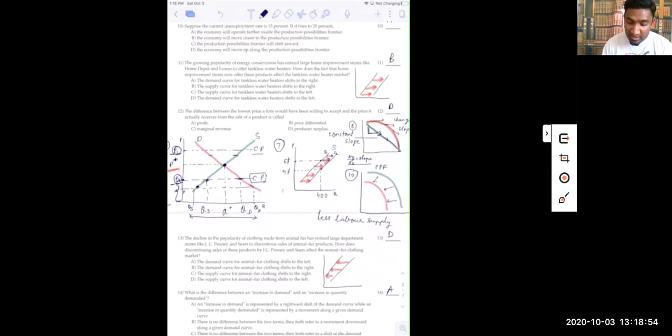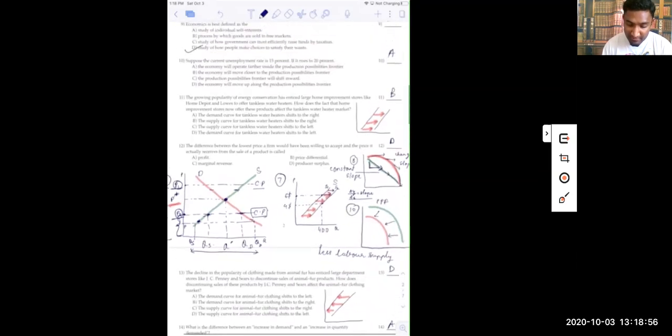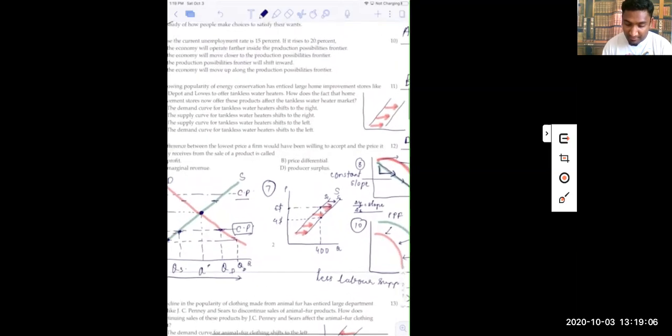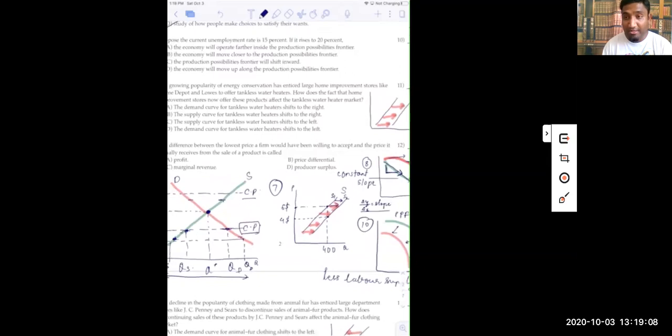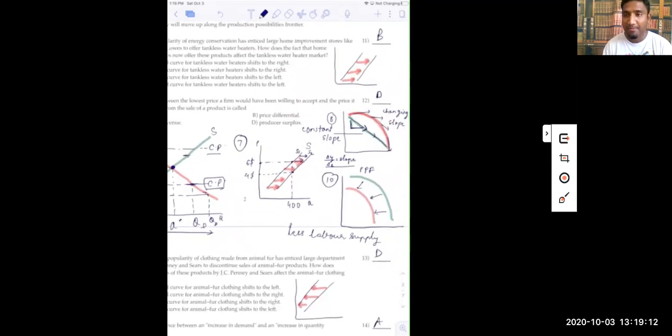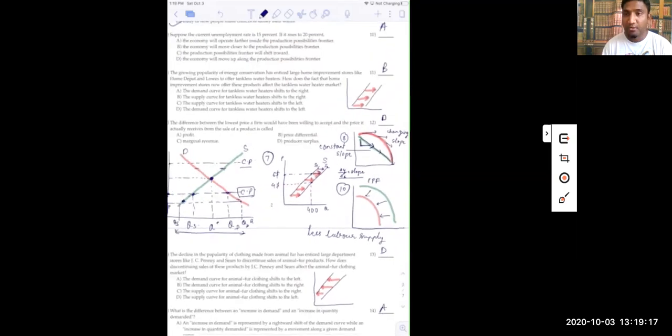10th question. Suppose the current unemployment rate is 15%. If it rises to 20%, then what happens? The unemployment rate is rising, so the supply of labor is less. The resources at our disposal, we are using less labor, so we are using fewer resources.